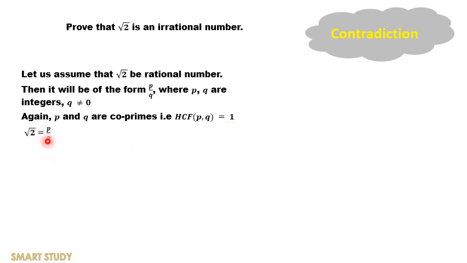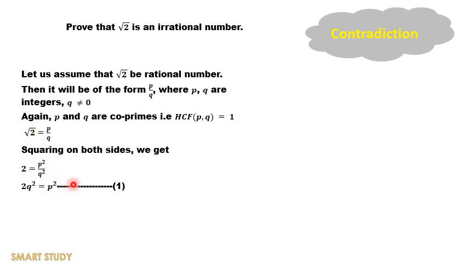So root 2 equal to p by q because it's rational by our assumption. So squaring on both sides we get 2 equal to p square by q square. Here root 2 square, 2 and root will cancel. So 2 equal to p square by q square.